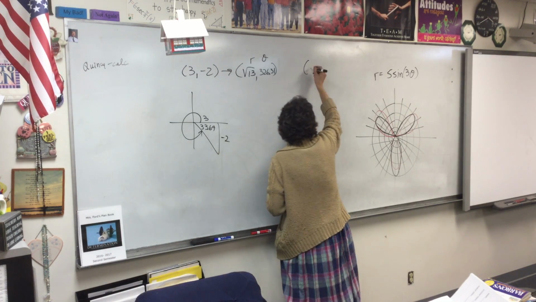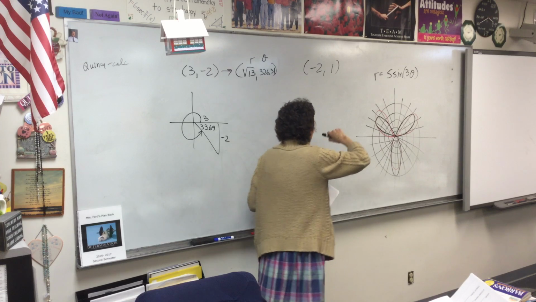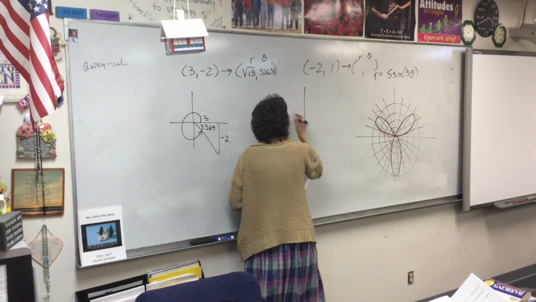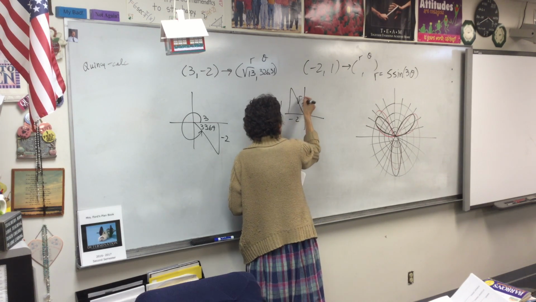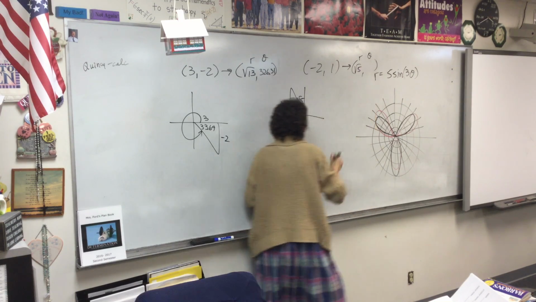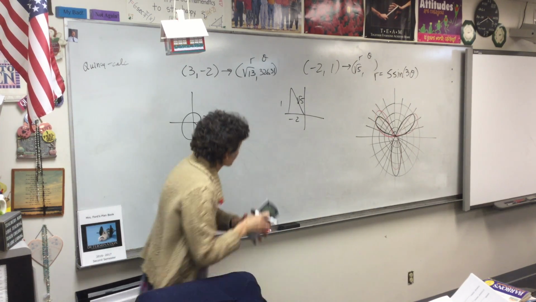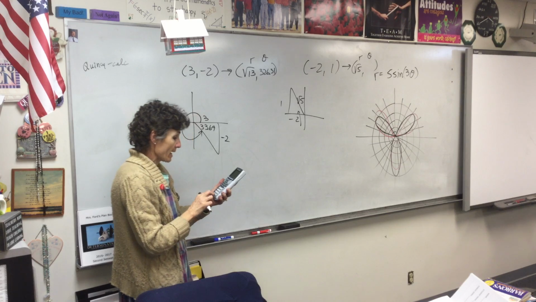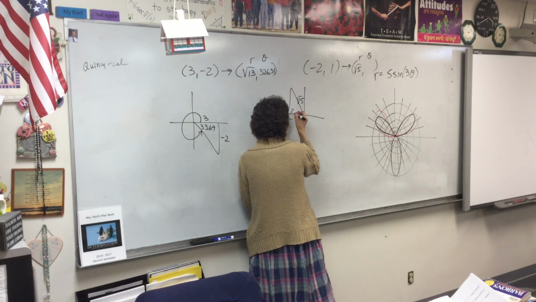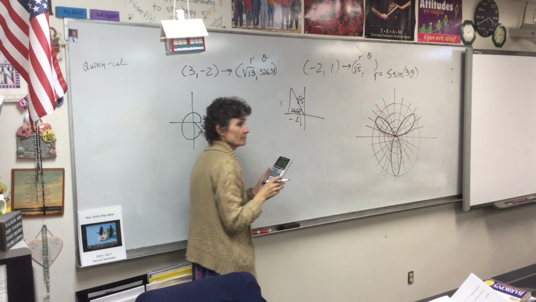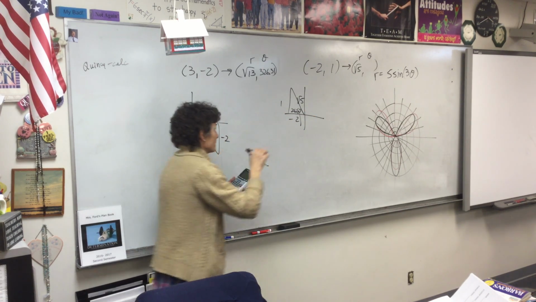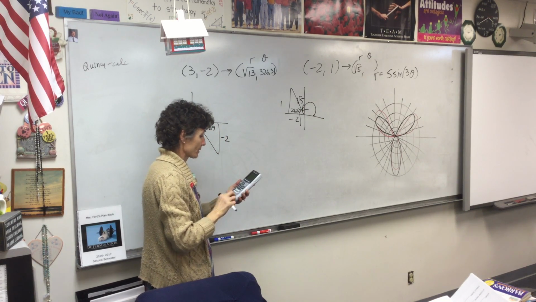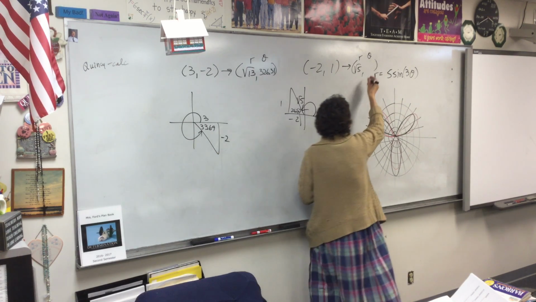Number 2 is exactly the same thing. I want polar coordinates for this number. So I know the radius is √5. And again, I'll find this angle right here by inverse tangent of 1/2. So 26.57. But this is theta. So 153.43.